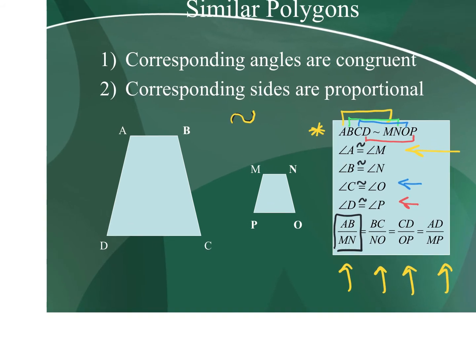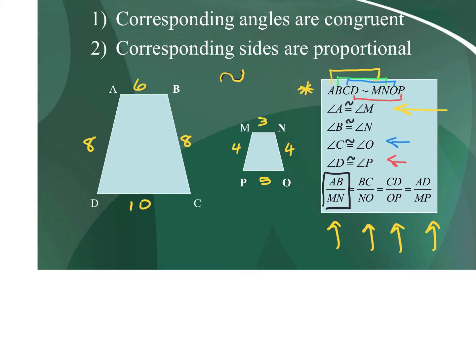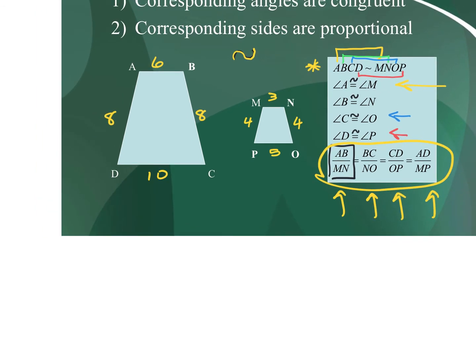So let's say on the big figure here, I say that this top AB is 6. I'm just picking random numbers, a 10 and an 8. And then on the smaller one, I'm going to say that this is 3, 5, and then the two sides are 4. So if I were to take the numbers now and plug the numbers into this proportionality statement, if I put AB over MN, 6 over 3 simplifies 2 to 1.